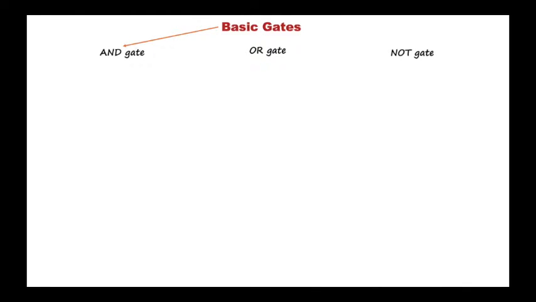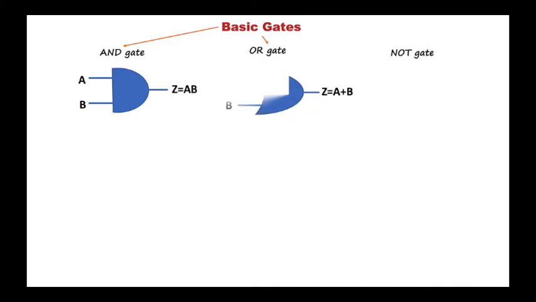The AND gate obeys the AND logic, and this is the symbol of the AND gate, and its output is equal to A dot B, that is, the product of two inputs. So output Z equals A dot B, where A and B are the inputs. Now this is the OR gate, and it obeys the OR logic.